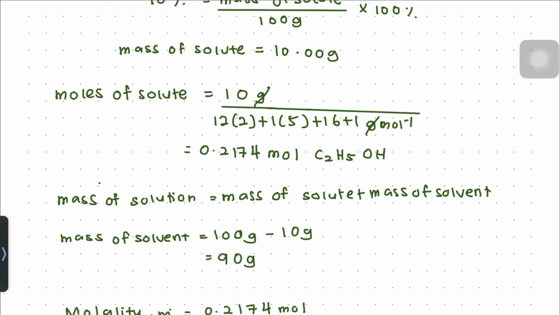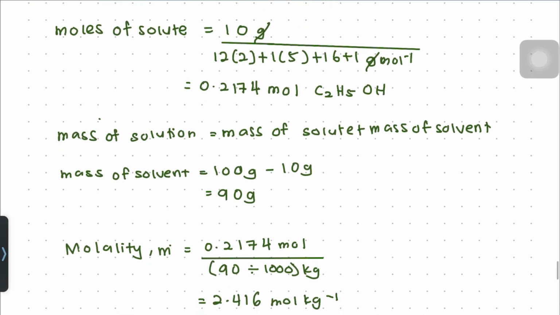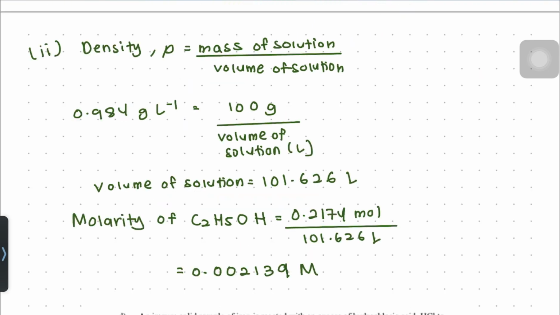So now we can calculate the molality, which is mole of solute over mass of solvent. So 0.2174 mole over 90 gram, but we need to remember that the unit for the mass of solvent needs to be in kg, so we need to convert it. Molality for ethanol will be 2.416 mol kg^-1, or you can just write it as small letter m. And then we will go to the next question.